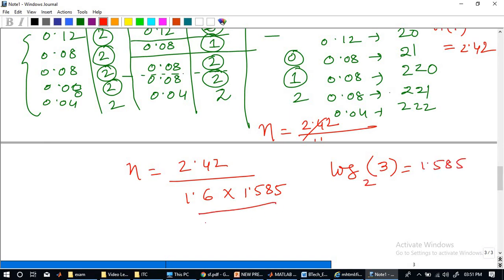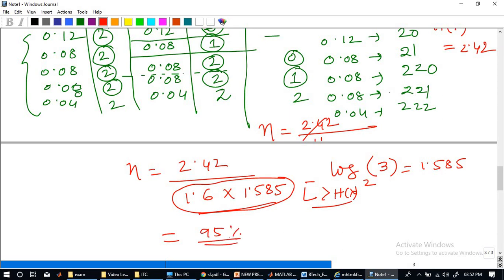Now you multiply this, and the L average you get is actually greater than your H of x. Understood? That's the only little trick in your ternary operation. If you go about doing it, it will come around 95% efficiency. But the important part is this ternary thing.